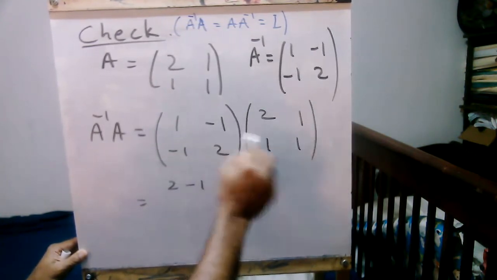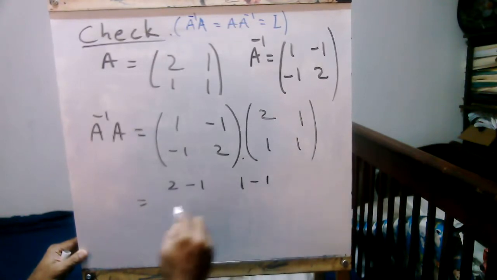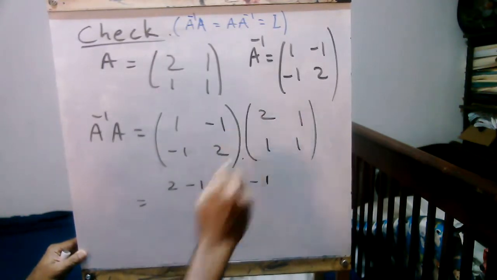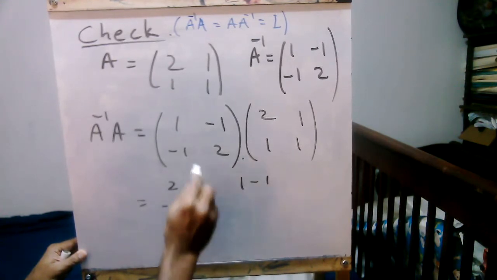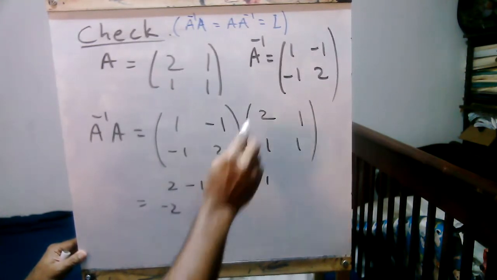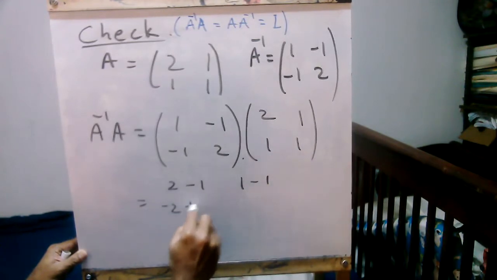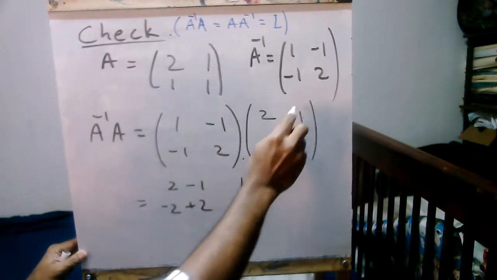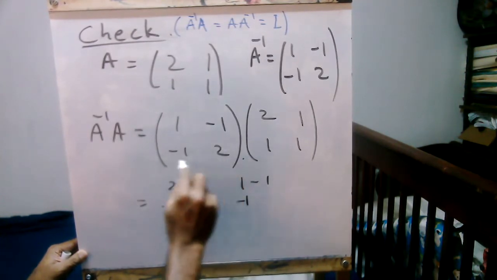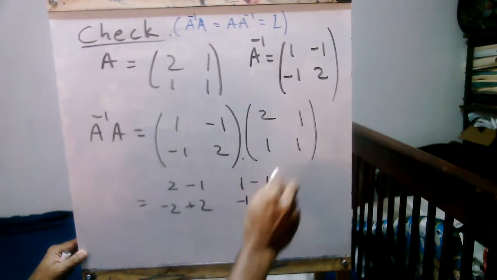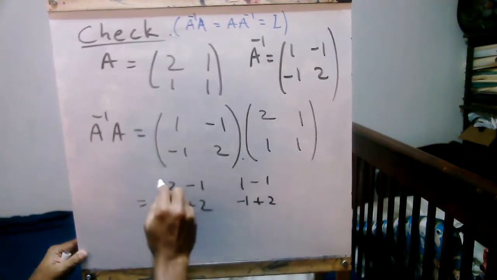Row, column, negative 1 times 1 is negative 1. Negative 1 times 2 is negative 2. 2 times 1 is positive 2. Negative 1 times 1 is negative 1. 2 times 1 is positive 2.